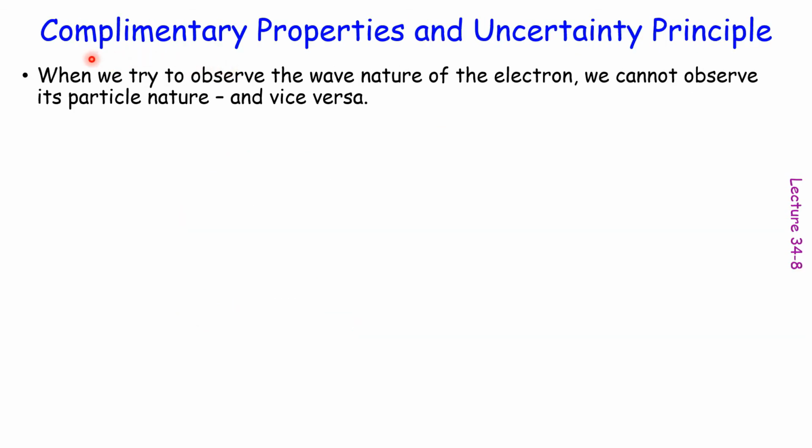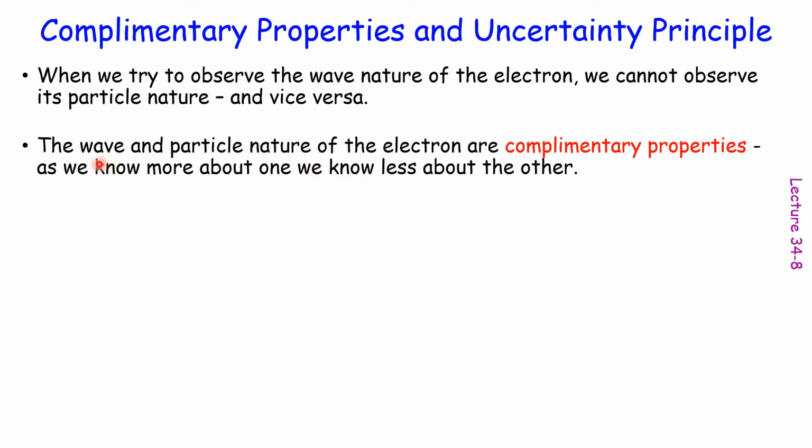Now we will go over complementary properties as well as the uncertainty principle. We already know that electromagnetic radiation as well as electrons possess both wave-like nature as well as particle-like nature. But if we try to observe the wave nature, we cannot observe the particle nature of electrons, and vice versa.